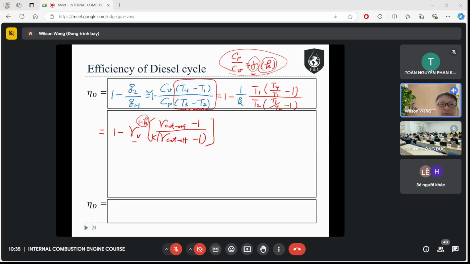Then the cutoff ratio to the power of K minus 1, divided by the specific heat ratio multiplied by the cutoff ratio minus 1.